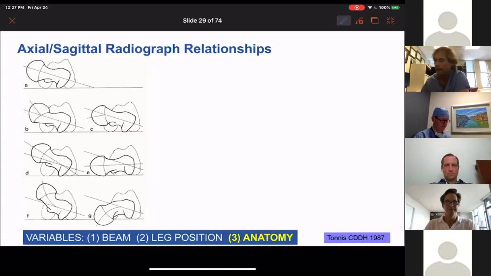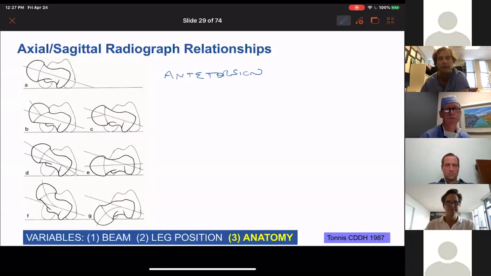So A, what you're seeing in A is normal anteversion of the femoral neck. And so we consider that to be approximately 10 to 15 degrees, and that is the relationship of the posterior condylar axis and the axis of the neck. That's normal anteversion. In B, what you're seeing is something called anteversion of the neck with normal torsion.